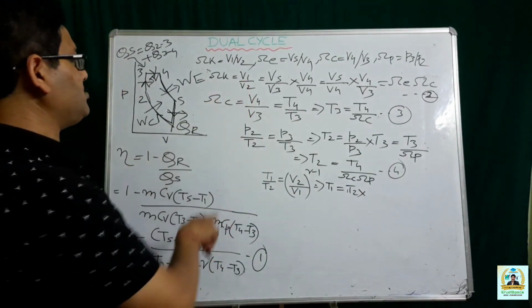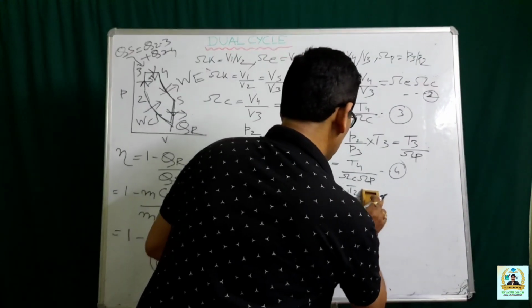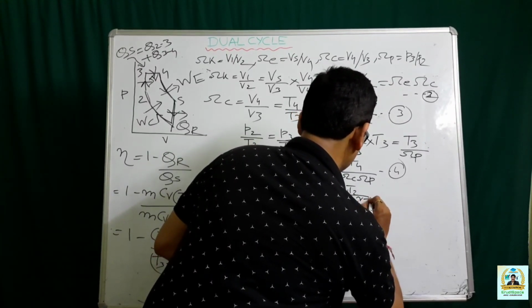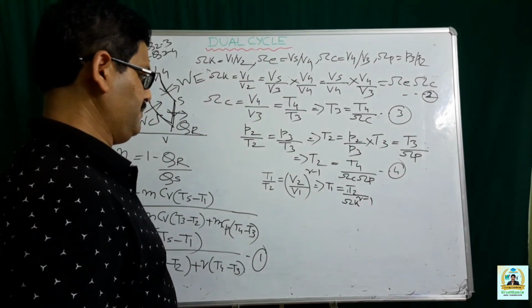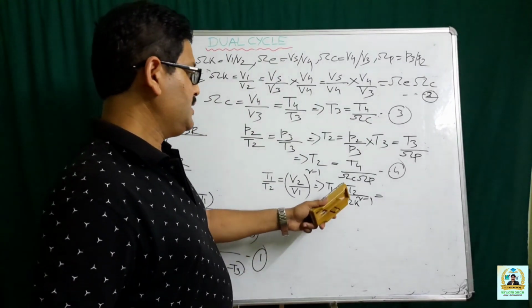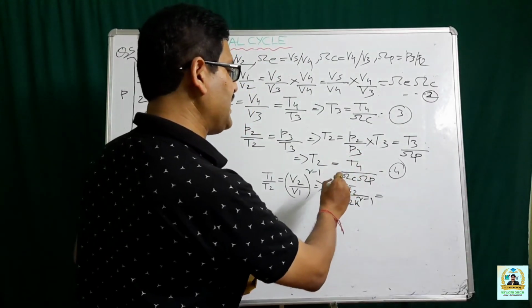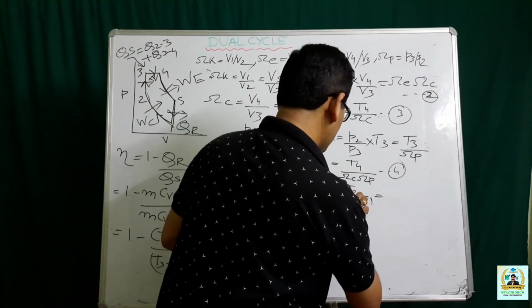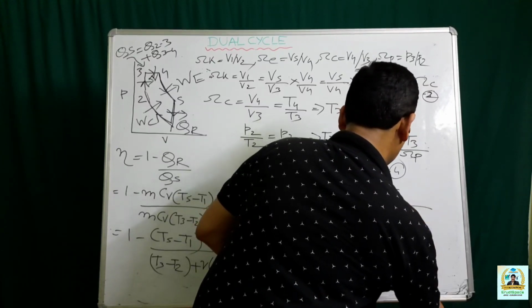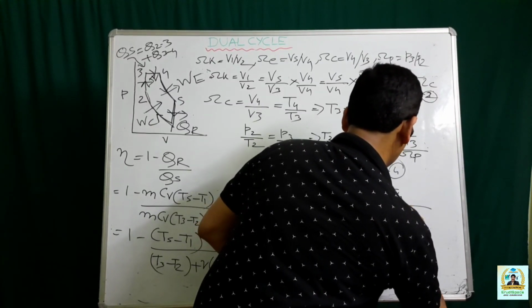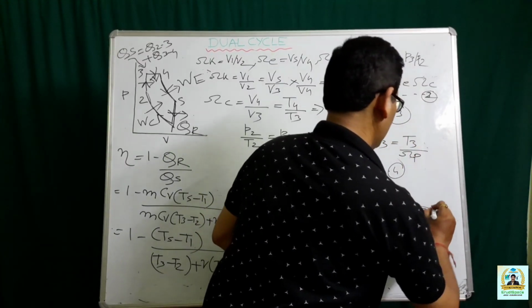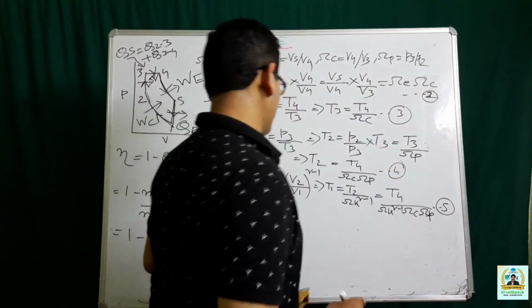We know that V1 by V2 is RK. So you can represent this as T2 divided by RK to the power gamma minus 1. And what is T2? T2 is equal to T4 divided by RC into RP. So we can substitute that. So it becomes T4 divided by RK to the power gamma minus 1 RC into RP. This becomes equation 5.